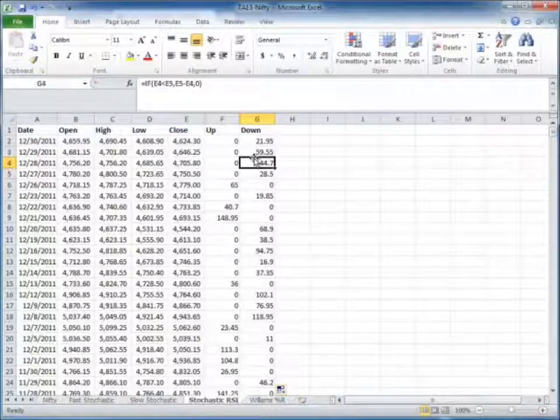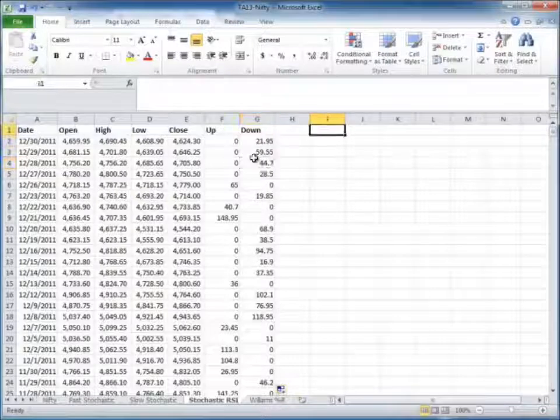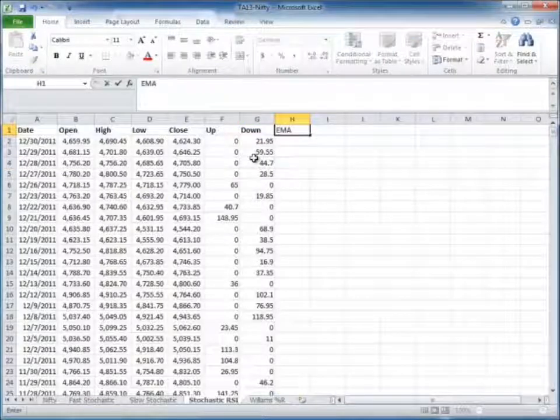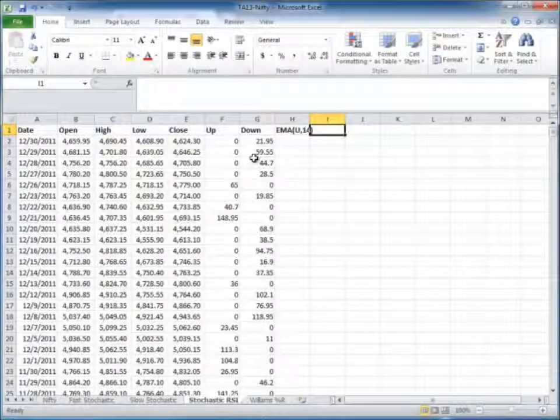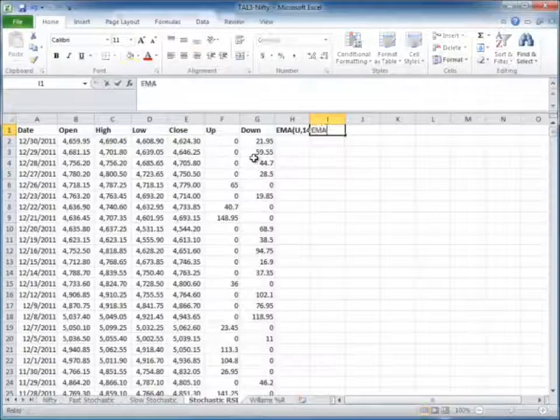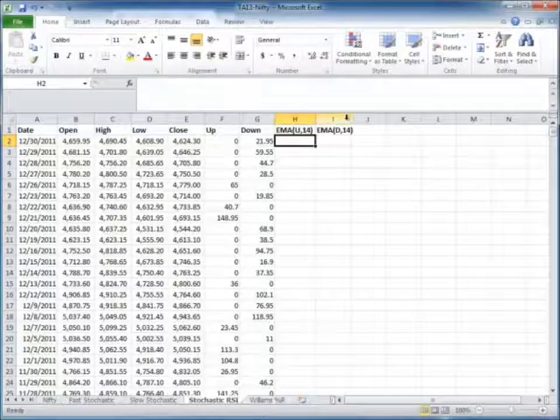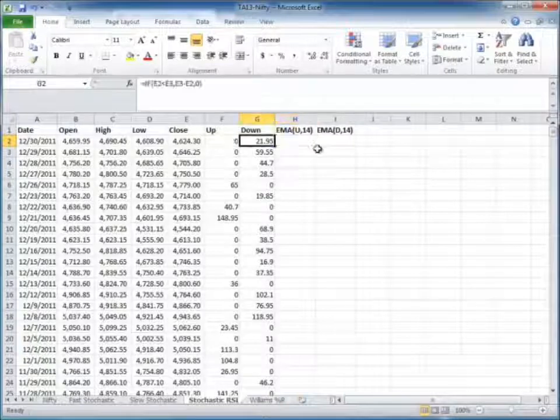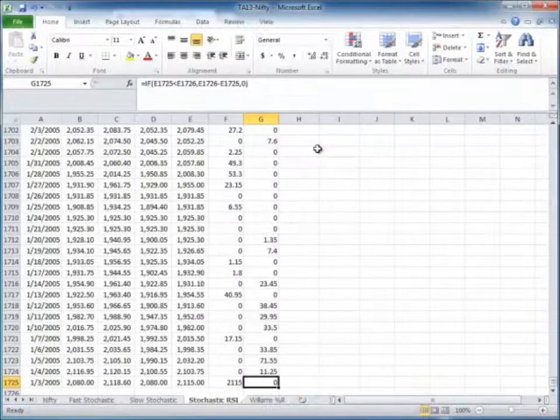The next step is to calculate the relative strength. We take the exponential moving average of the up and down days. So I'm going to have the EMA of the up days, and we'll do the 14-day EMA, which is the standard for the RSI, and then I'll have the EMA for the down days at 14 as well. Hopefully you remember how to calculate EMAs, because we did a lot of that.